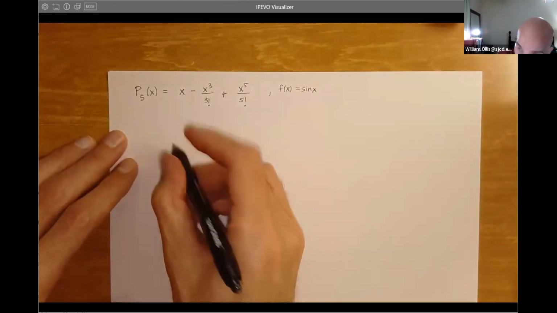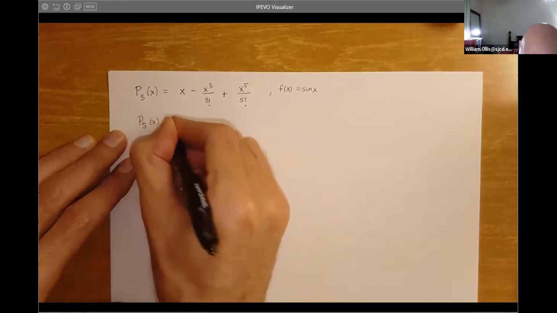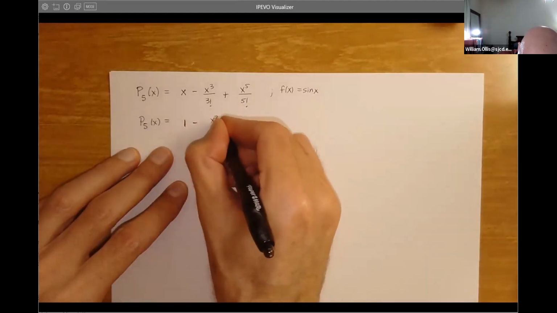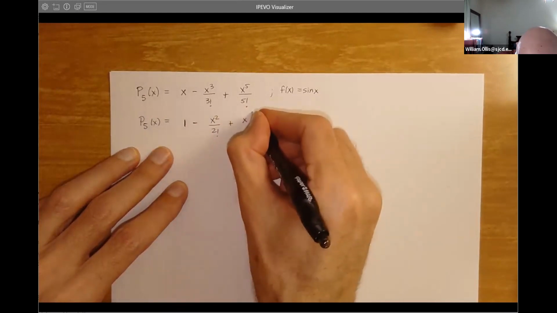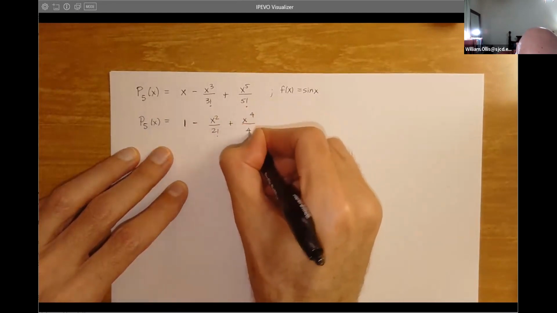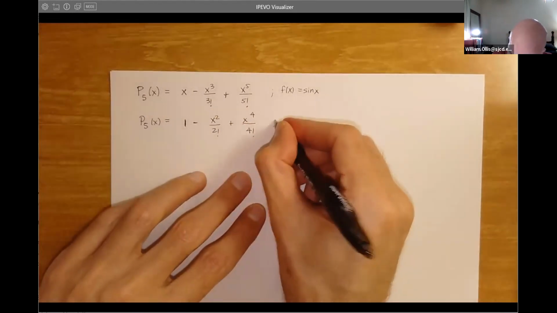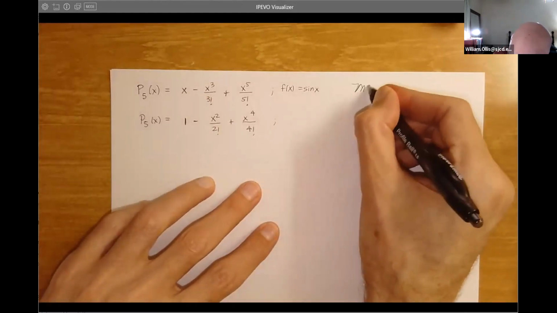Let's just write down the 5th for cosine too. It's going to be an even function. It looks like this: 1 minus x squared over 2 factorial plus x to the 4th over 4 factorial. But the 5th degree term is 0, so that's the best we can do for that. Notice the odd ones just 0 out. And these are Maclaurin.